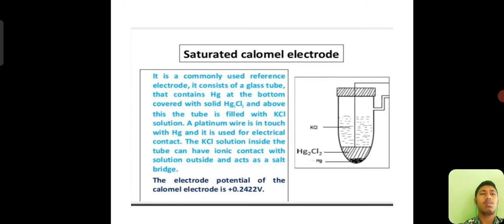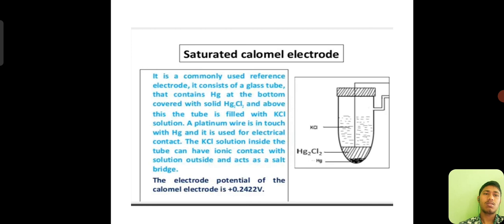The saturated calomel electrode is a commonly used reference electrode. It consists of a glass tube with Hg at the bottom covered with solid Hg2Cl2, mercurous chloride, and above this the tube is filled with KCl solution. The platinum wire is in contact with the Hg and is used for electrical contact.